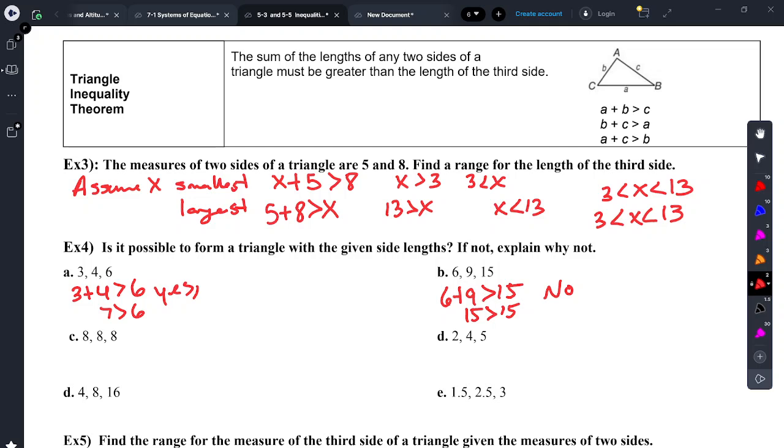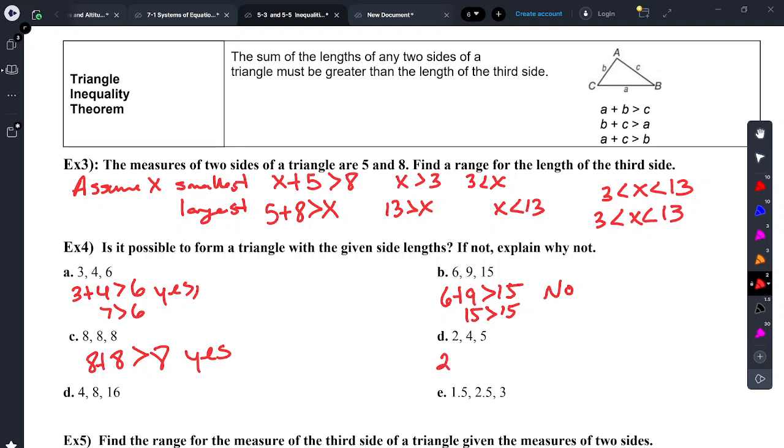I always like to do this one. No? You can't make an 8, 8, 8 triangle? Yeah, you can. The two smallest are 8 and 8, is greater than 8? Yeah? Is 8 plus 8 greater than 8? Yes. Equilateral triangles do exist. How about 2, 4, 5?